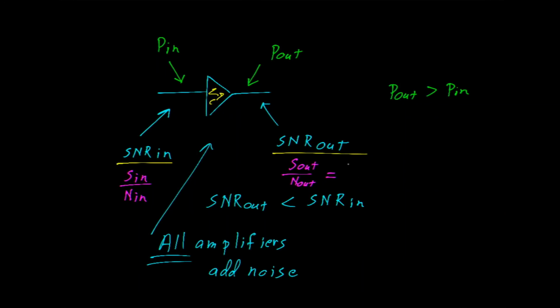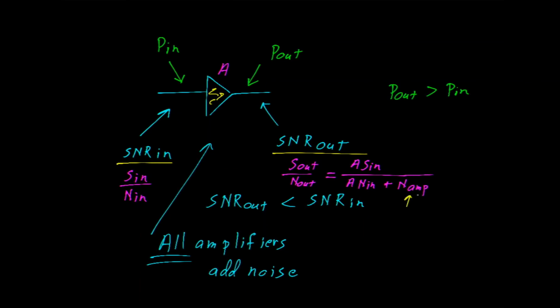In fact, maybe we can write that as A. Signal in, because we've amplified signal in by the gain of the amplifier, over that same gain of the amplifier times the noise in, plus the noise of the amplifier.